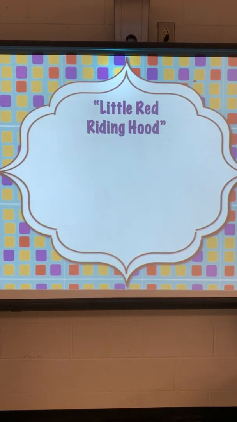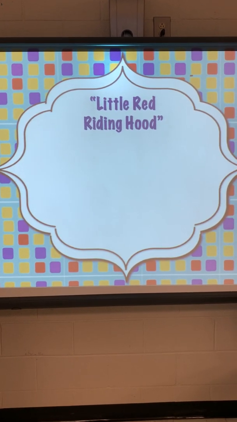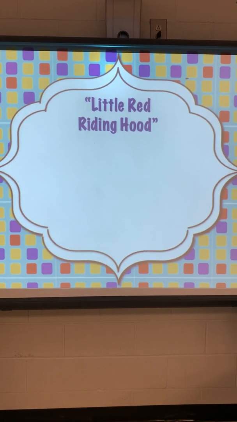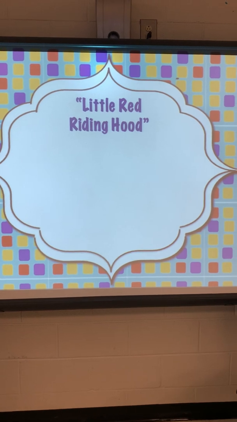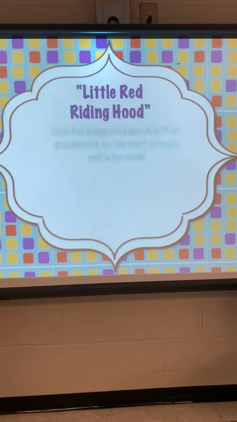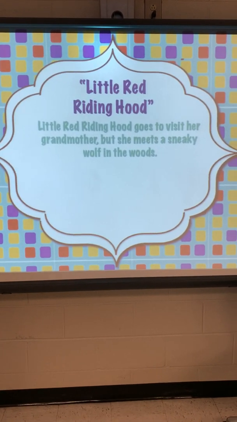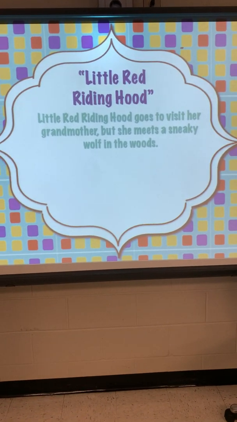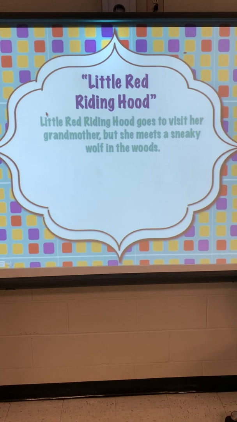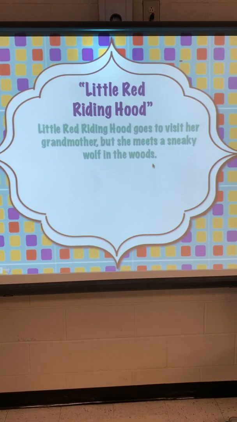We've heard the story Little Red Riding Hood, so we're going to see if we can use some of those story elements and the main idea to kind of retell this story in a summary. So let's think about it. Little Red Riding Hood goes to visit her grandmother, but she meets a sneaky wolf in the woods. What do you think? What story elements do we have so far?